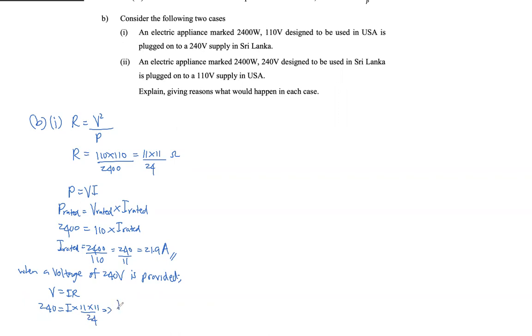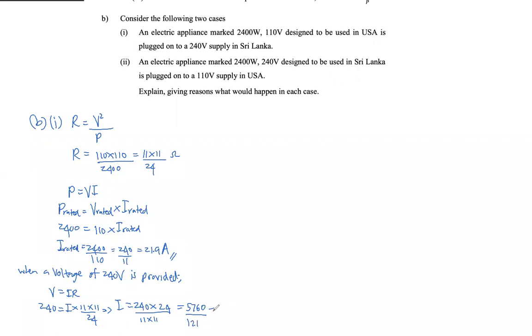So we are getting a current of 240 into 24 over 11 by 11 into 11. 24 into 24 is 576, into 10 over 11 into 11, which is 121.